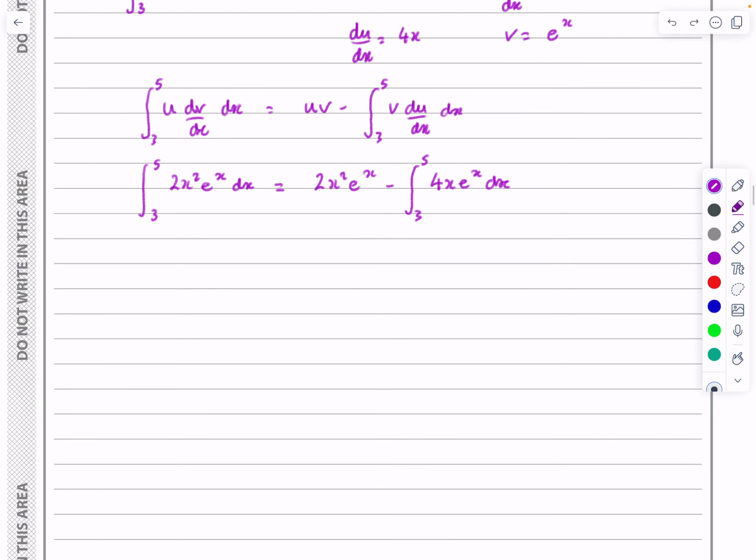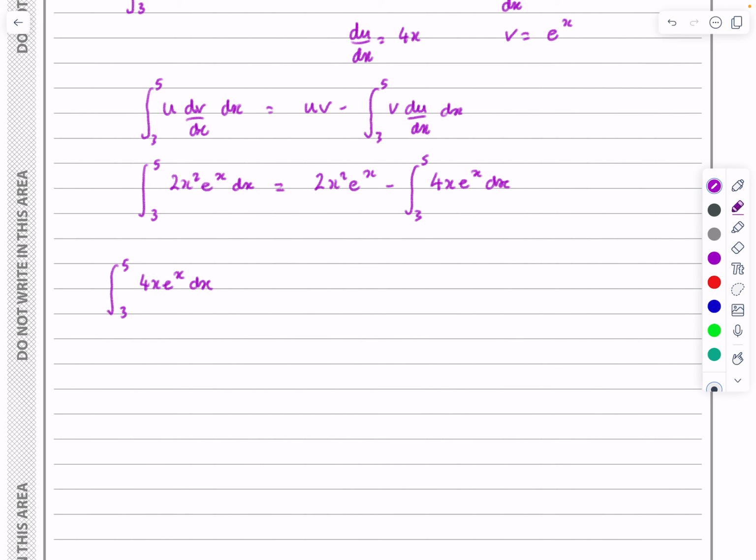So what I now need to do is to solve this integrating by parts, get the answer for this bit, and then my final answer will be 2x squared e to the x minus, be careful of that minus, whatever the integral of this bit is in a second. So let's just focus on doing the integral of 4x e to the x dx now.